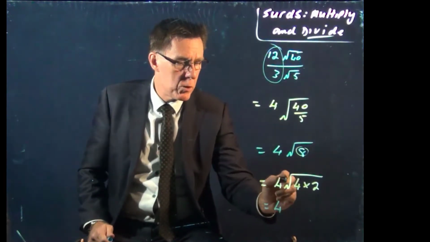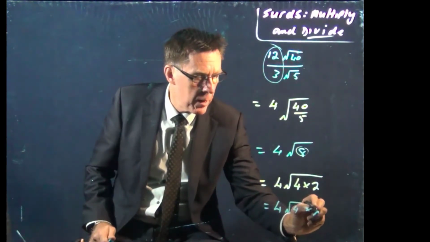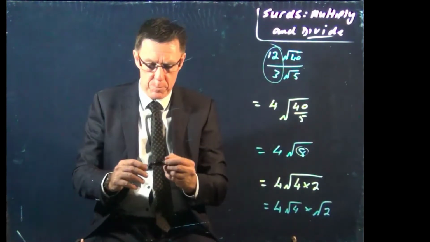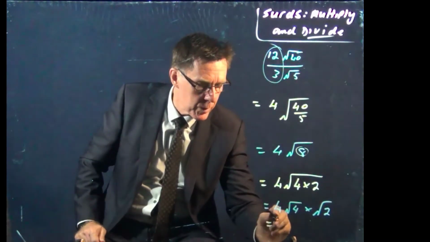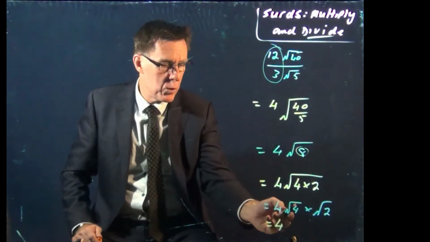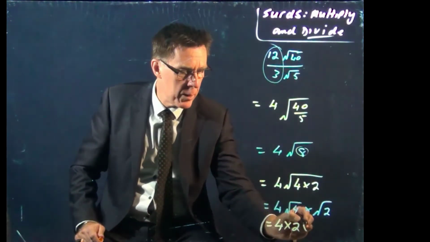I'm now allowed to split the square root symbol over the 4 and I'm able to split it over the 2. End result is I have that 4 at the front still. Square root of 4 I know is 2. Square root of 2 I can't do anything with.